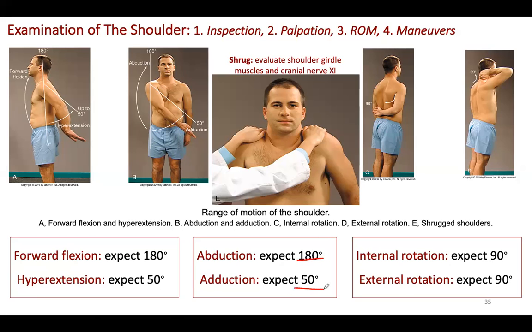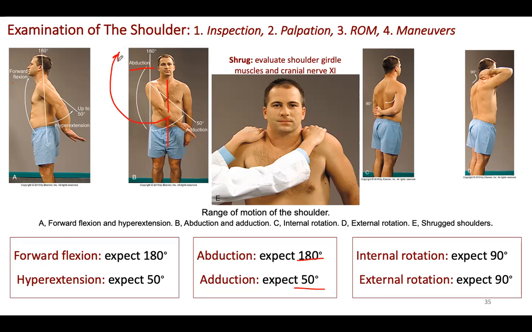And this is adduction, moving the arm towards the midline. Okay, and this is forward flexion and hyperextension. Abduction, I have another picture for abduction. Abduction means moving the arm like this.